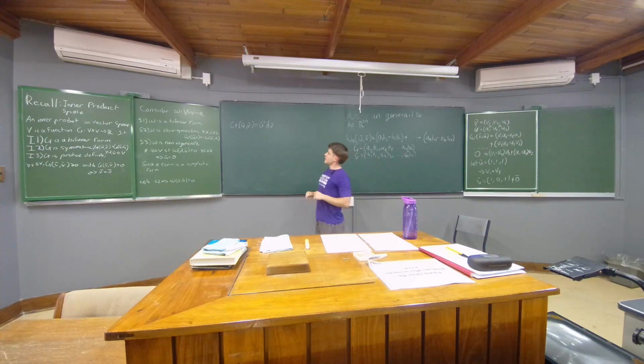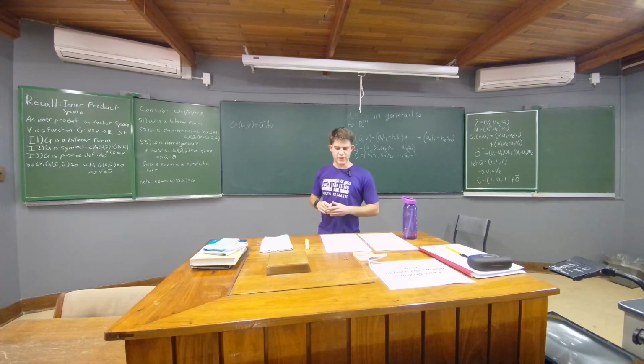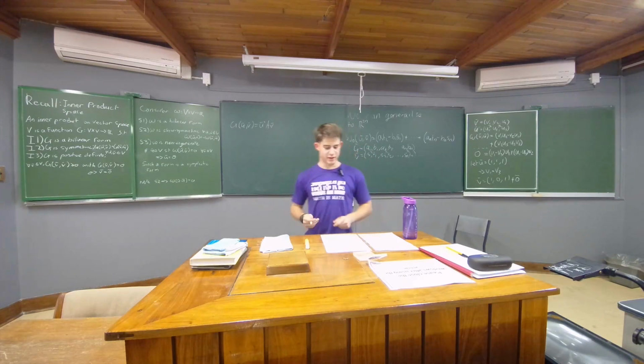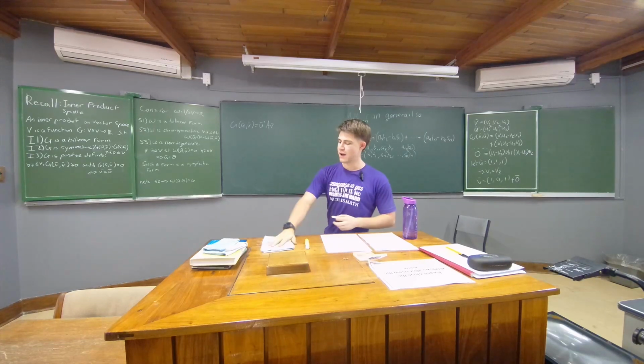Now, this is more than just for inner products. You can show that any bilinear form can be written in this matrix form. So that means we can do it for a symplectic form as well. But to do that, you need to do it relative to a certain basis. So let's quickly get a basis for our symplectic vector spaces.